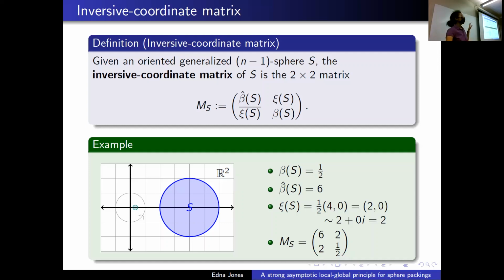Yeah, so for spheres, you just need to know the bend and the bend center.